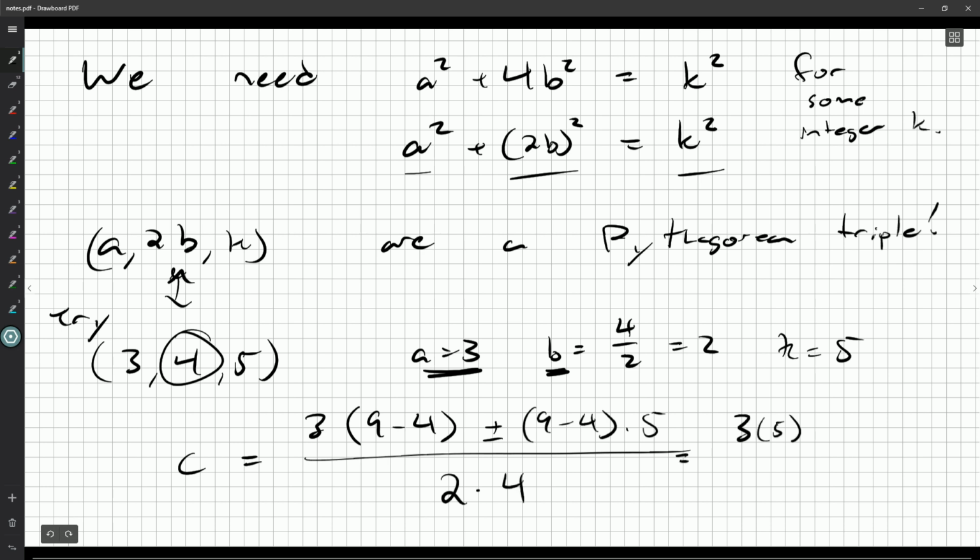So that's 3 times 5 plus or minus 25, so 15 plus or minus 25 all over 8. We'll have to go with the plus, so C is 40 over 8, 5. So we got an integer there. So A is 3, B is 2, C is 5.